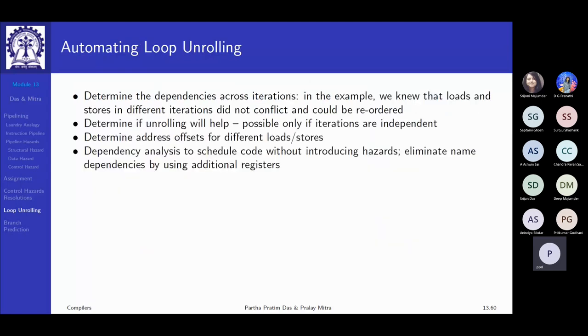So that is the power of loop unrolling. Obviously, it is not a trivial process. It needs to be automated by determining the dependencies across iterations, and then determining if unrolling will help and computing.